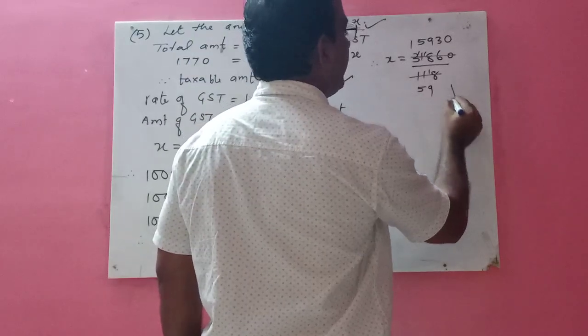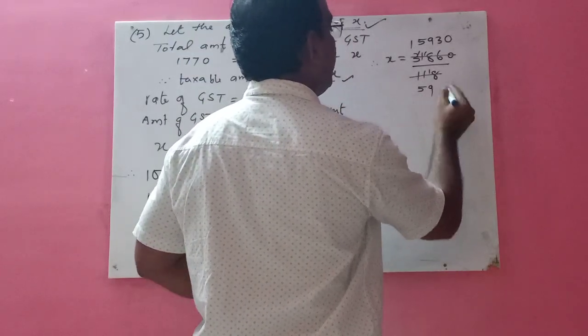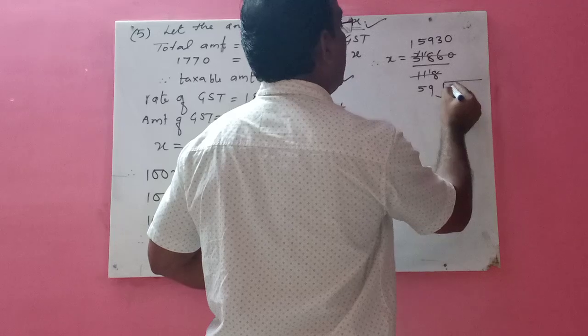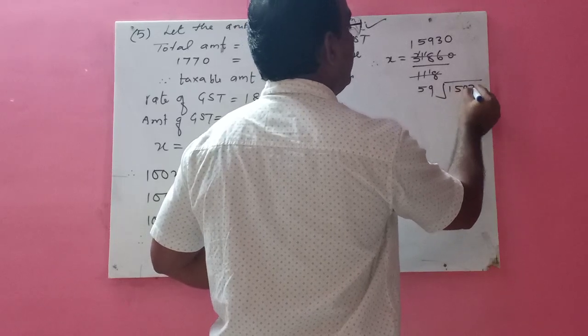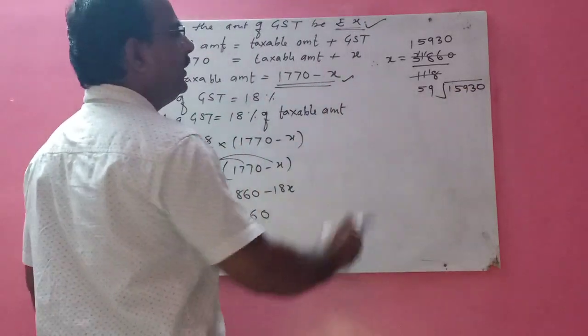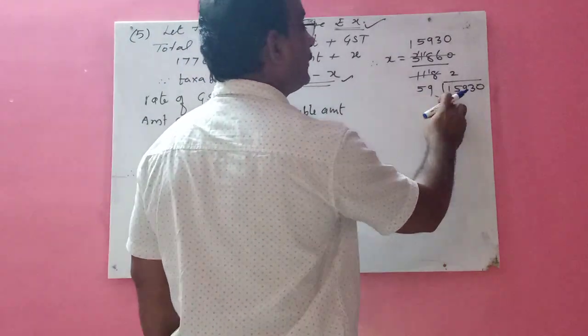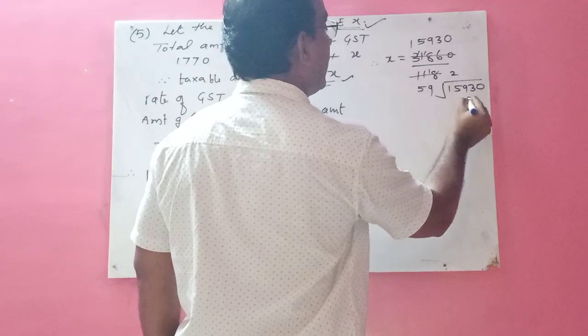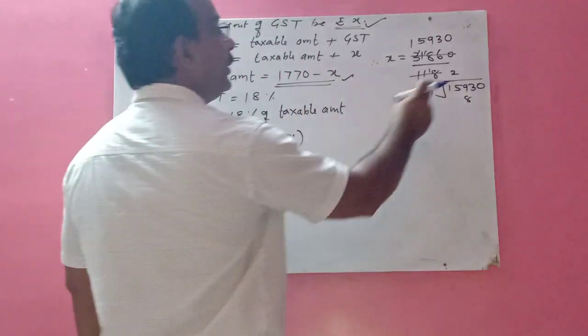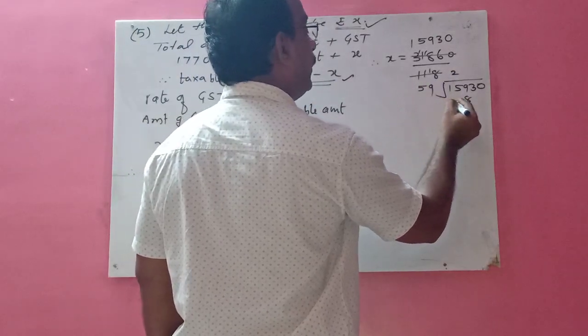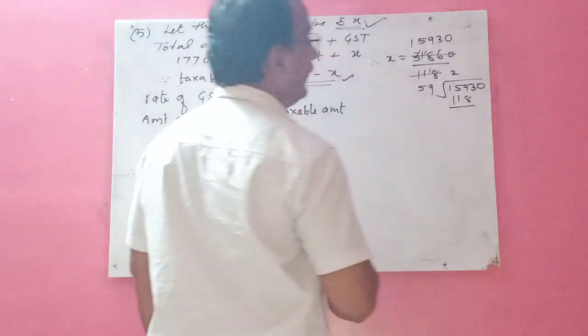See here I am doing this part, 59 divided into 15930. So 59 twos you take first, because 59 threes is more than this. So 2 nines are 18, carry 1, 2 fives are 10 and 1 is 11.